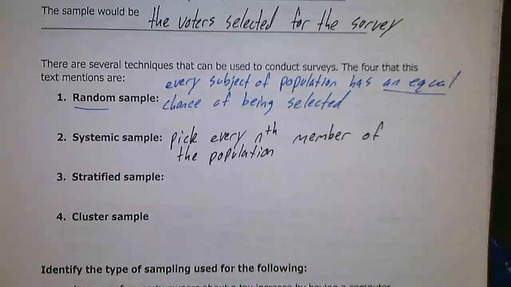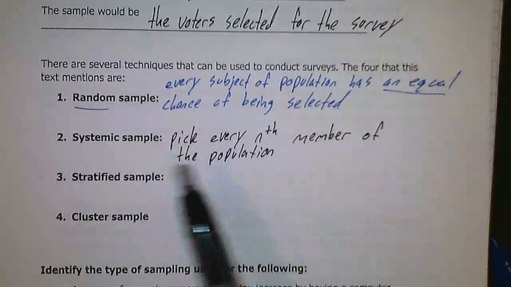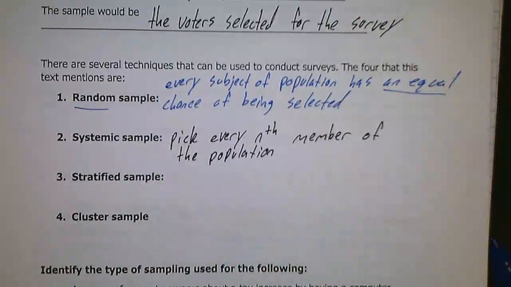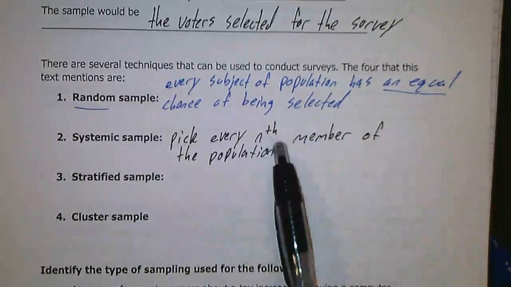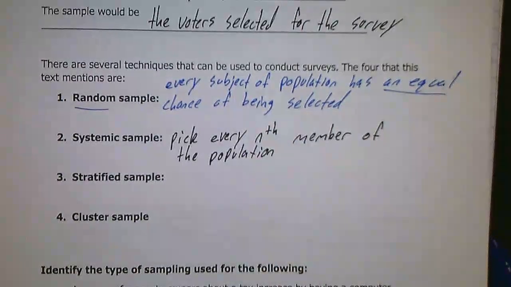This is like quality control in a warehouse or something. They'll pick every 10th item and make sure that it's not defective or something. So pick every nth member of the population, every 10th phone from a phone factory, something like that.